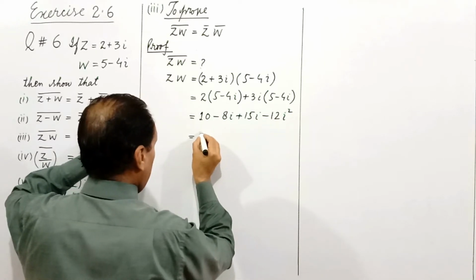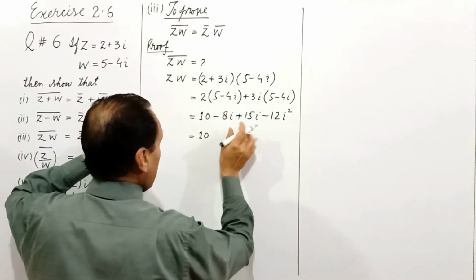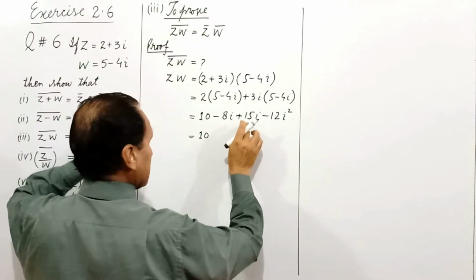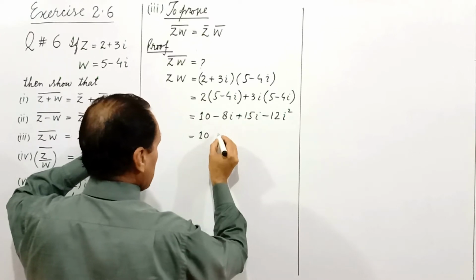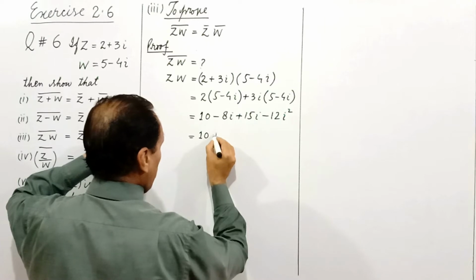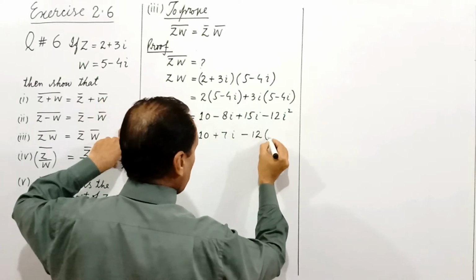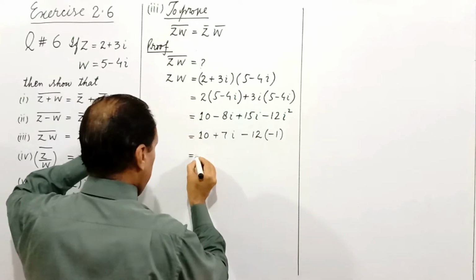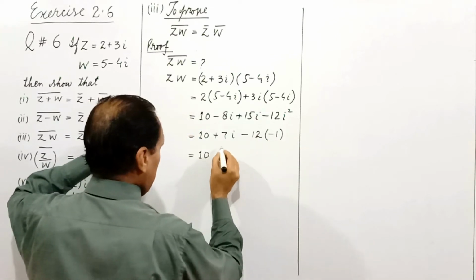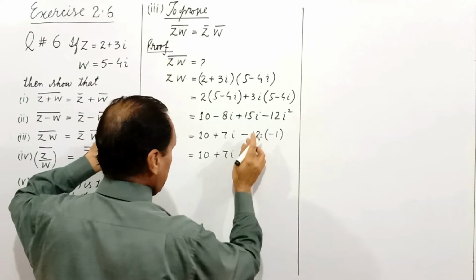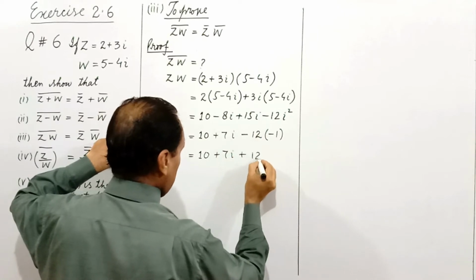10, imaginary coefficients are subtracted as these like terms have different signs. So plus 15 minus 8 is equal to plus 7 iota. Minus 12, we put the value of iota square, that is minus 1. 10 plus 7 iota plus 12.